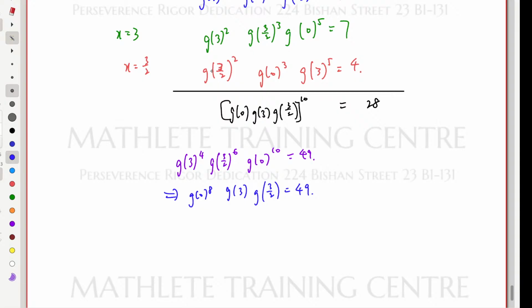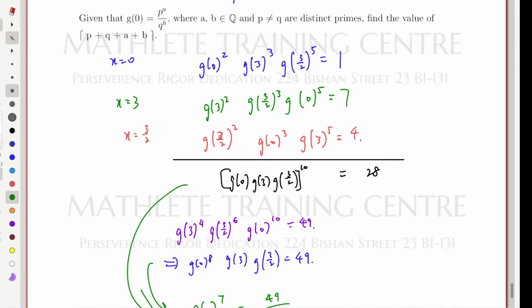Okay, so now if I take the 10th root of 28, and I can do the division here. So I take the 10th root of 28 and I do the division from these two, I can get g0 to the power of 7 equals 49 divided by the 10th root of 28. Ugh, what is this number?